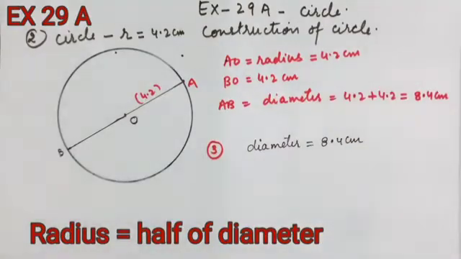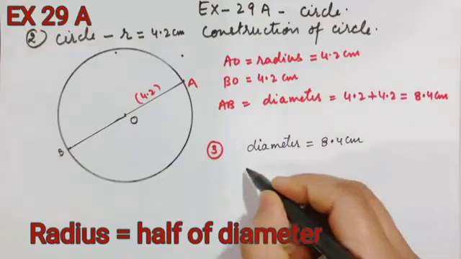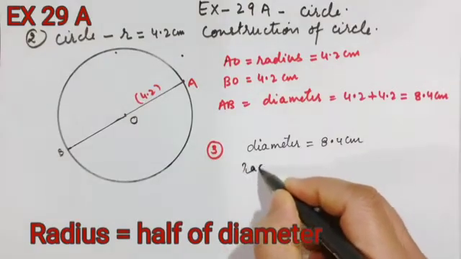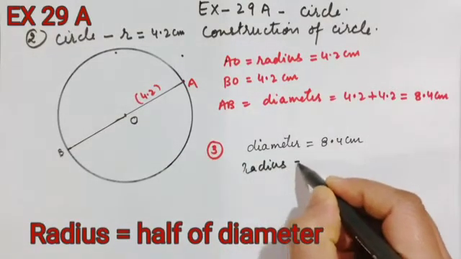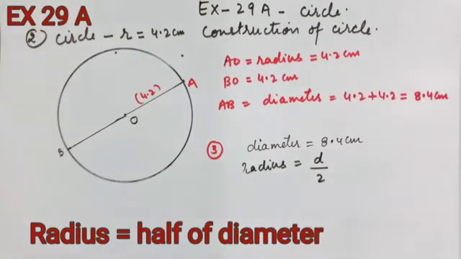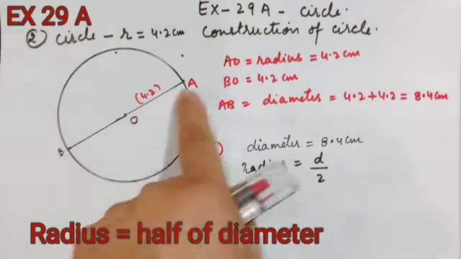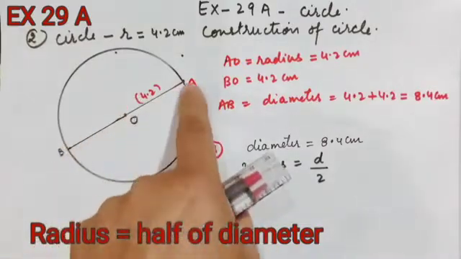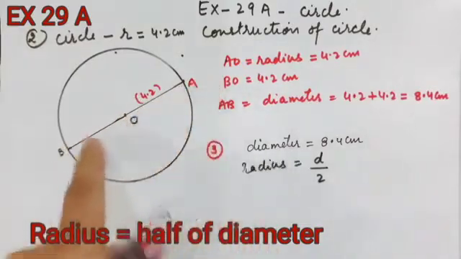Now when the diameter is 8.4 centimeter, the radius will be equal to how much? The radius will be equal to diameter divided by 2. You can clearly see over here that this is the diameter and this is the radius. So radius is equal to half of diameter.